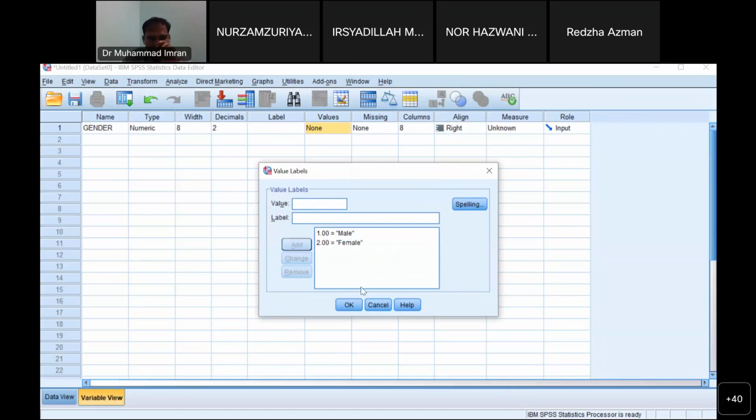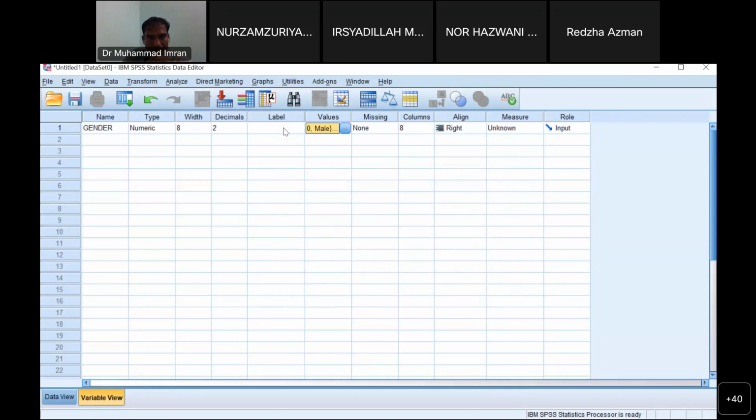The label can also be written as gender. And the columns, each and everything here. The measure is obviously nominal, this is a nominal measure.